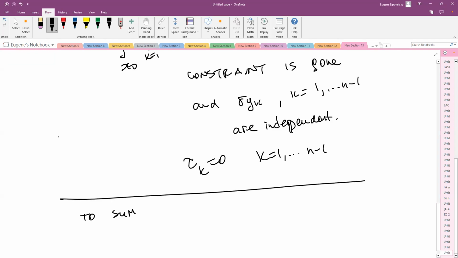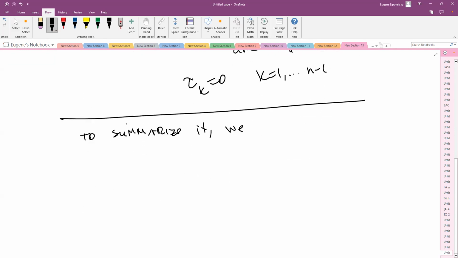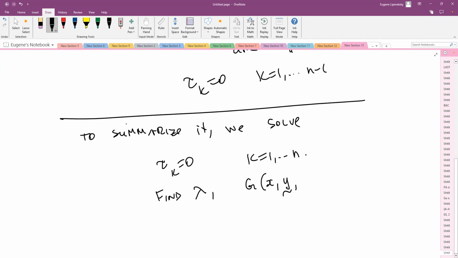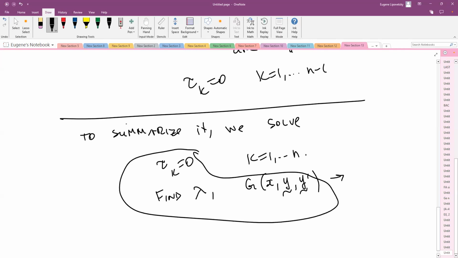To summarize it, we solve the condition that tau k equals 0 for k equals 1 to n, and also find lambda, and then the constraint g of x, y, y prime is also satisfied.